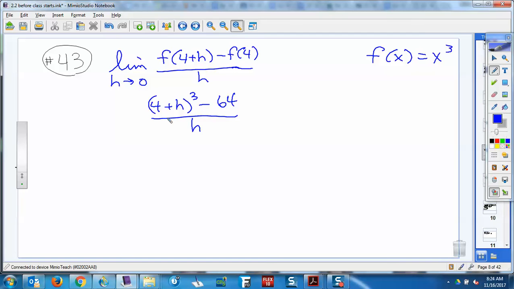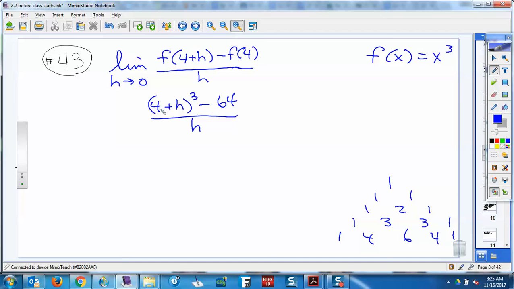Now, I don't know how much of this you did last year. Do you remember something called Pascal's triangle? Did you guys look at that last year? Now, you don't need to do it, but this is Pascal's triangle. It's got kind of a cool little pattern there, right? And it's got a lot of different uses. One of the uses is doing a binomial cube.